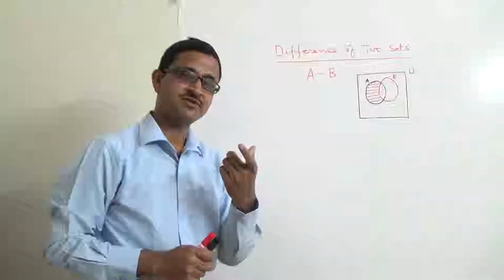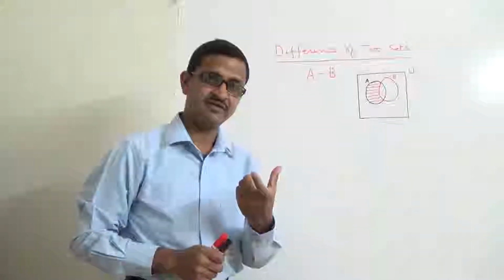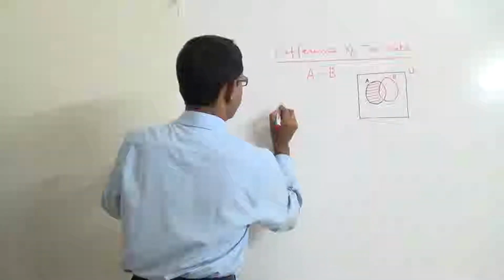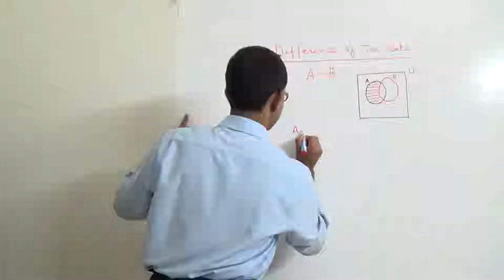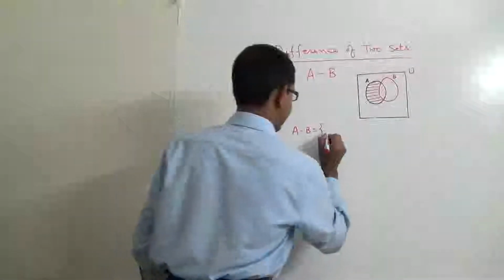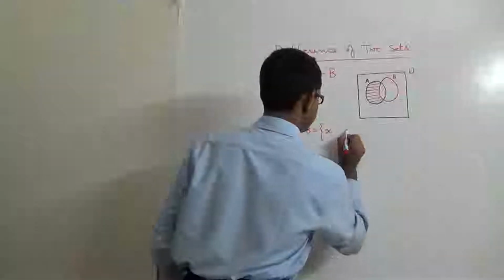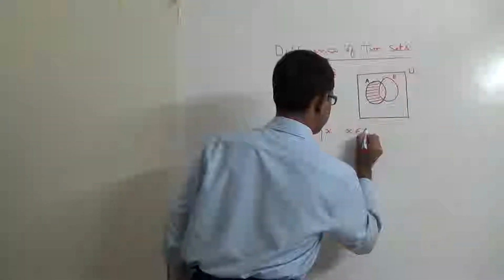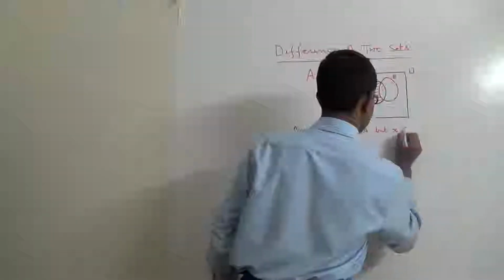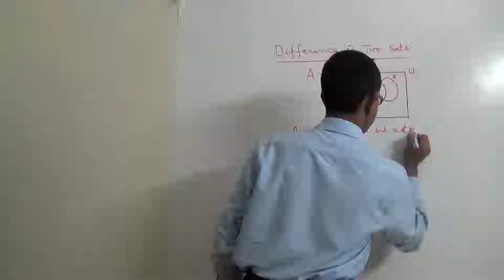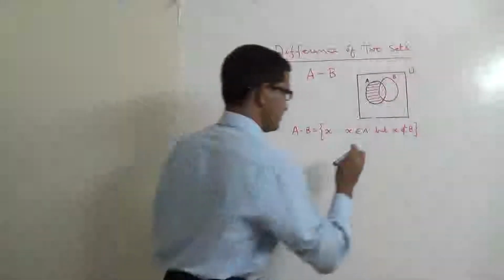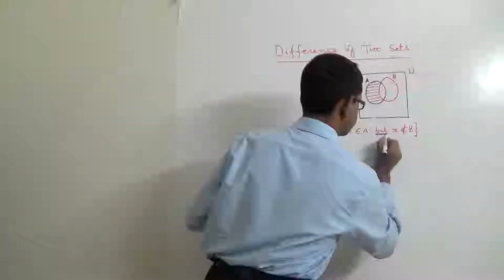Now what will be its definition in set builder form? A minus B is equal to the set of X such that X belongs to A but X doesn't belong to B. Remember, this word but is very important here.